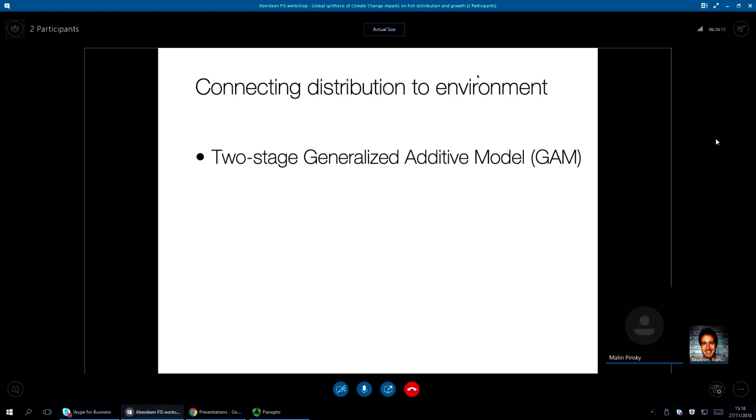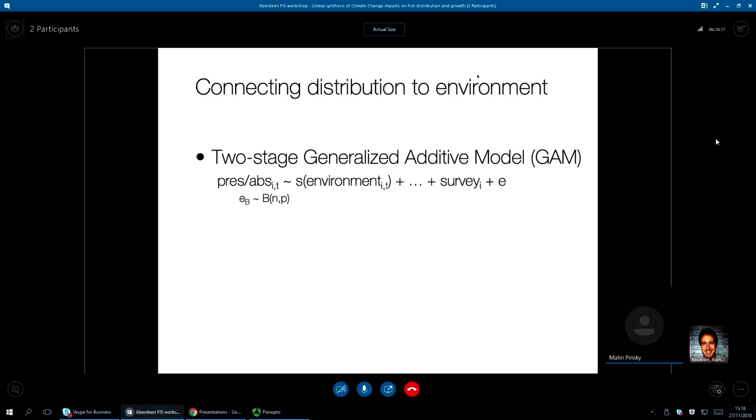The species distribution models, at least that we've used, have been two-stage generalized additive models, where we think about a first stage that models presence and absence at a location i and time t as a smooth function of the environment for location i at time t.